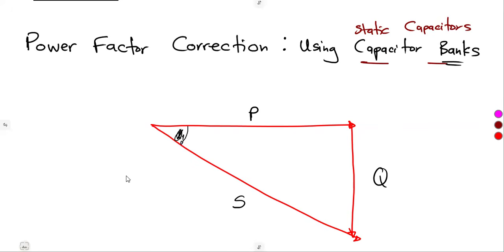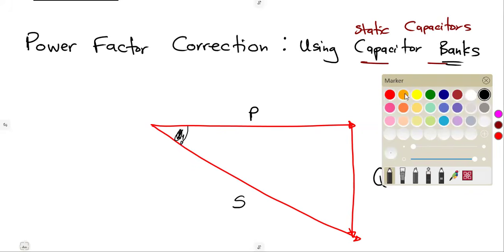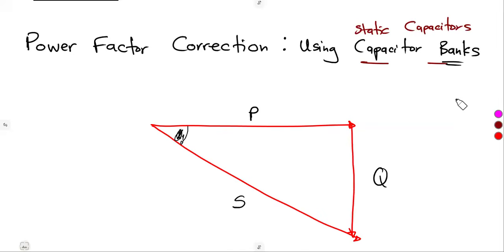But after the capacitor bank is inserted, we are going to notice that there will be a shift. So this is what we're going to have at the end. Remember, guys, this will be at 90 degrees here. The change that we are seeing is giving us a new phase angle.